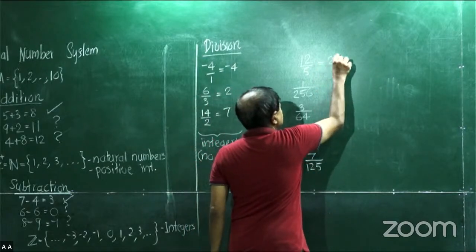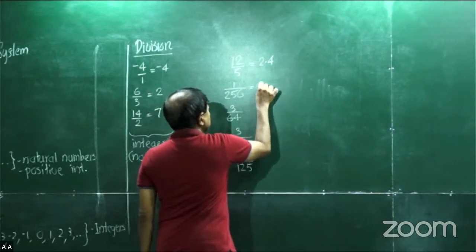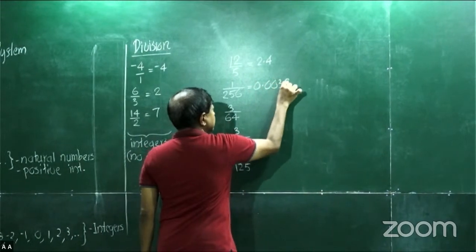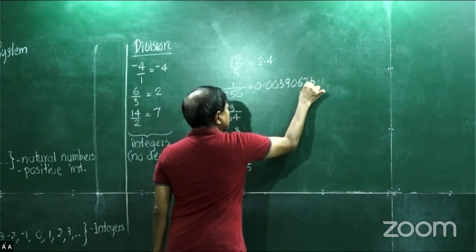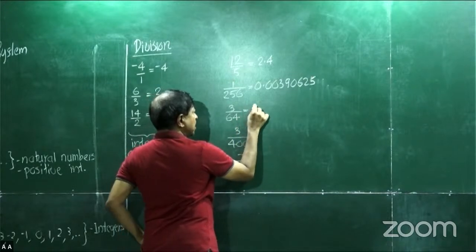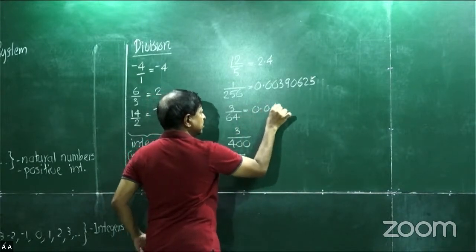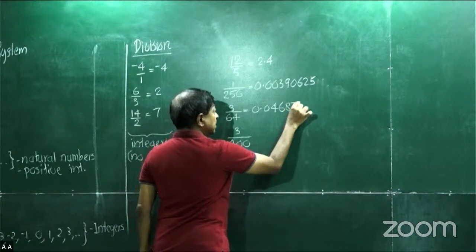Now, if you look at the decimal form, you have it like this.